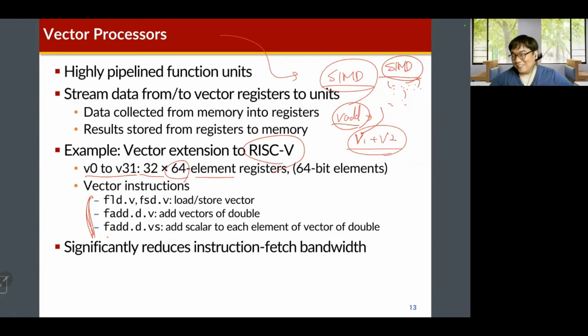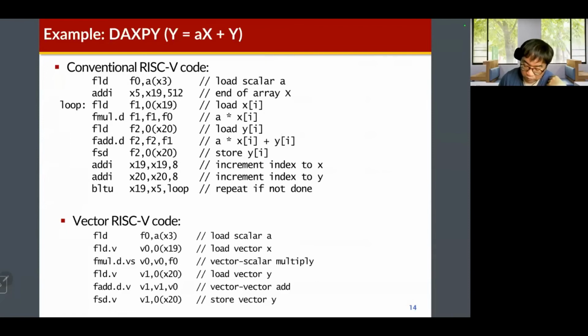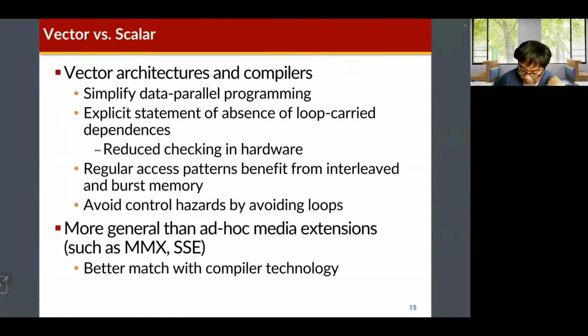So the register size is very large, right? But this is very efficient because with a single instruction, multiple elements can be executed concurrently. So actually, the vector type instructions are widely used in commercial processors.